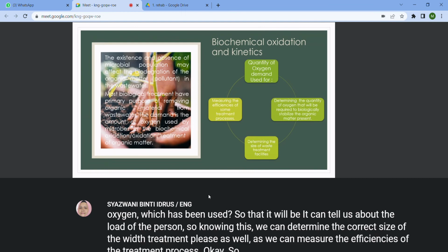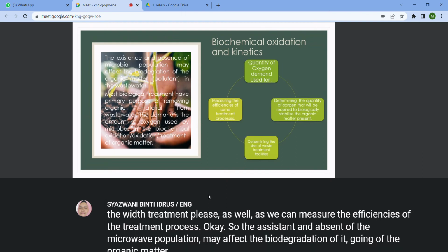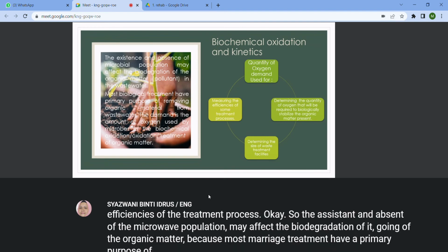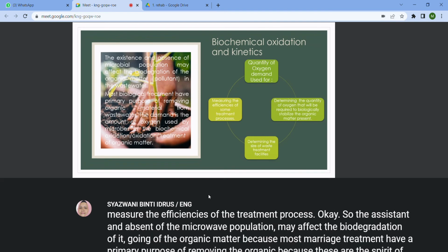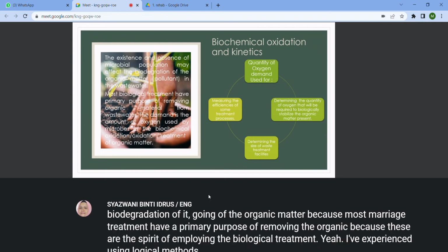So the existence and absence of the microbial population may affect the biodegradation of the organic matter. Most biological treatment has the primary purpose of removing the organic matter, because that is the spirit of employing biological treatment. I have experience using biological methods to treat textile wastewater.